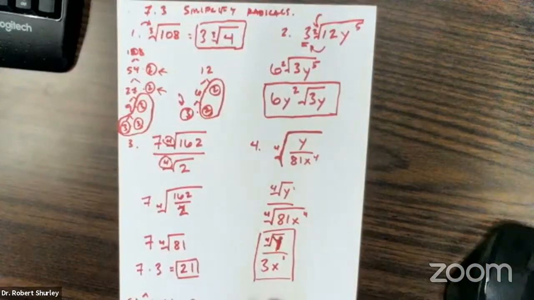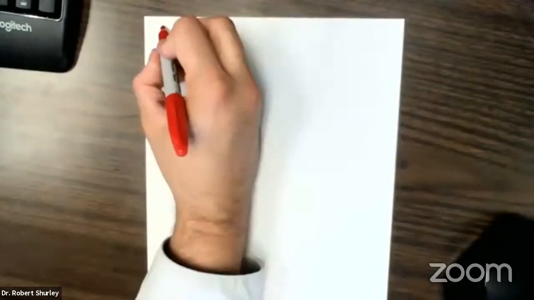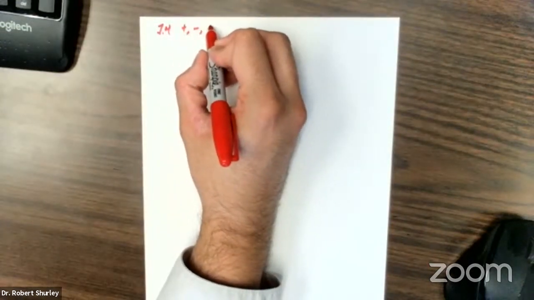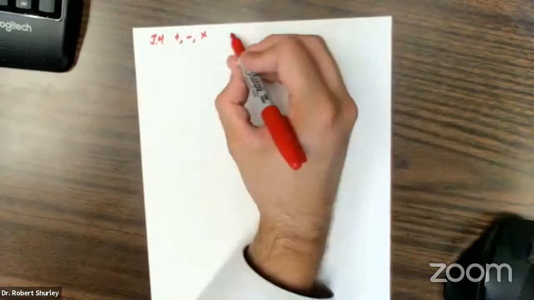Okay. So now let's do 7.4, which is add, subtract, multiply these radicals together. 7.4 is really about adding, subtracting, and multiplying radicals, right?